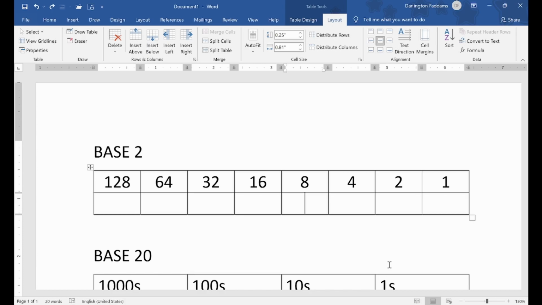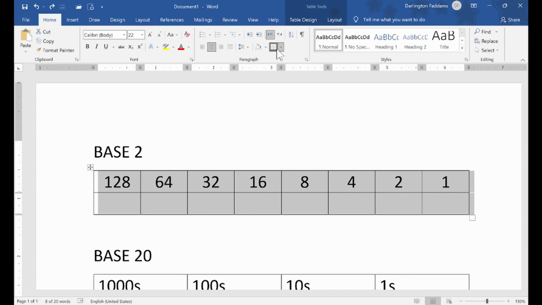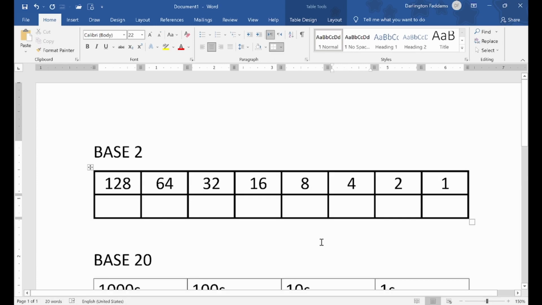Right, this is your question. Start again. Your question is find 13 in binary using the position method. How will you do it? 13. You put 1 under 8.